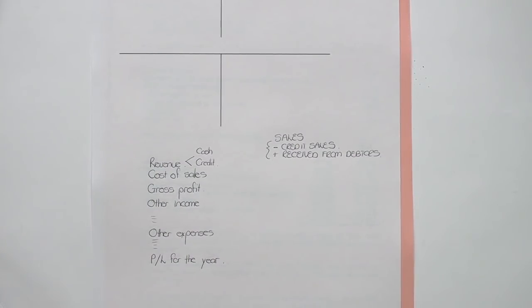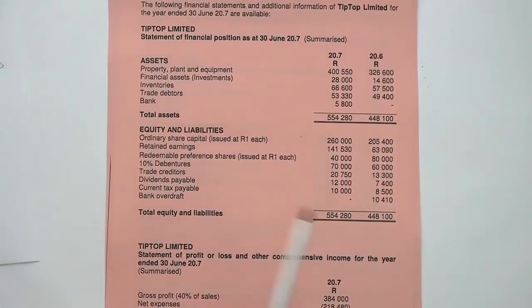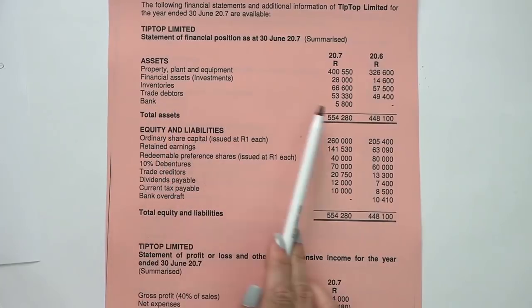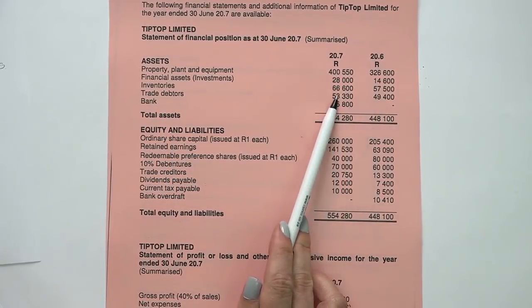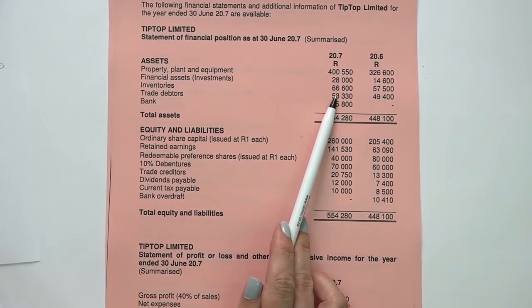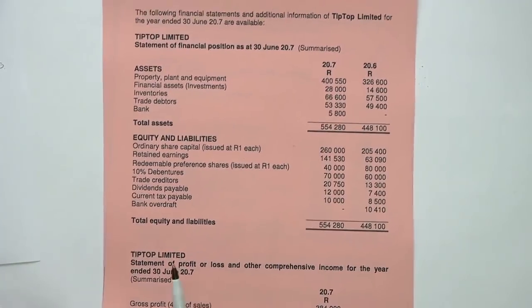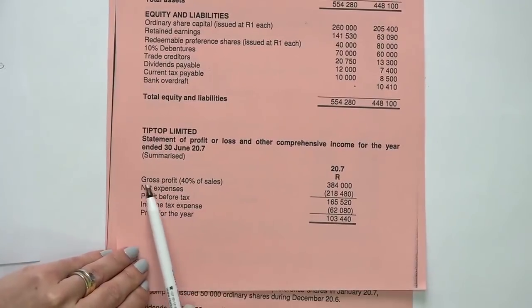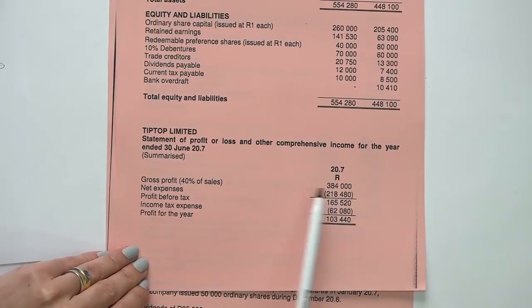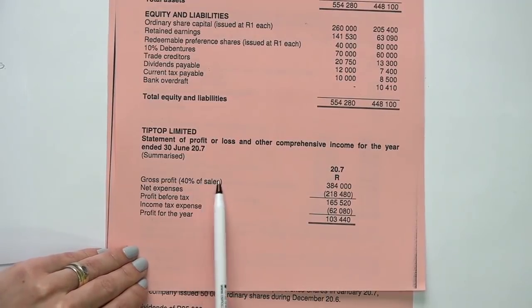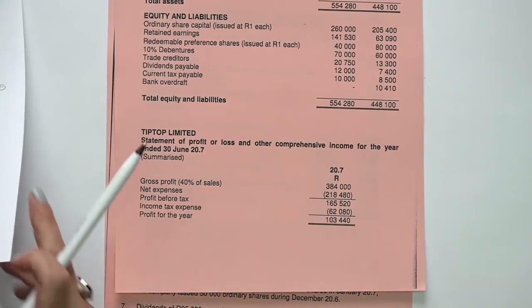Reconstructing the debtors control account will involve the amounts for trade debtors at the start and at the end of the year. And then we would like to use this gross profit amount to get to the amount for revenue, to get to the sales.